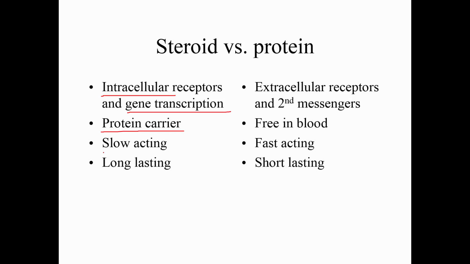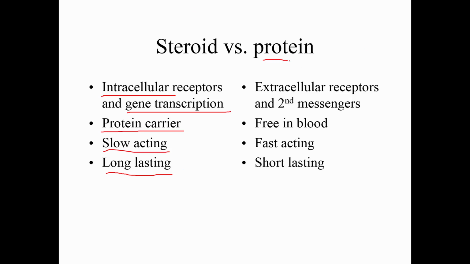And therefore, steroids, because they work through gene transcription, are slow acting, and because they're shielded from degradation by their protein carrier, they tend to be longer lasting and have longer half-lives, at least an hour and a half, and something like estrogen, its half-life is 13 hours, something like T3 has a half-life of 24 hours, so longer half-lives because they're shielded from degradation.